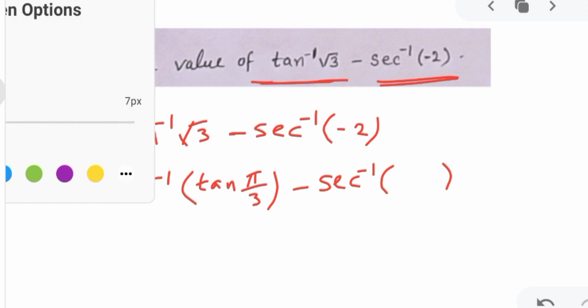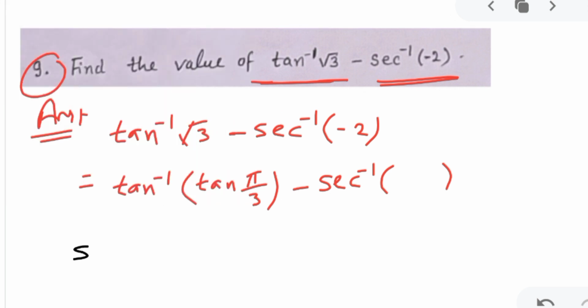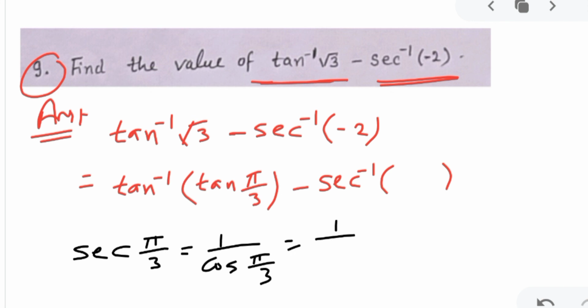You know that sec 60 degree is 2, because sec is the opposite of cos, and cos 60 is 1 upon 2. If you don't know, you can write sec is 1 upon cos, so 1 upon 1 upon 2 will be 2. Ultimately you will get sec pi upon 3 is 2. So I am writing directly.